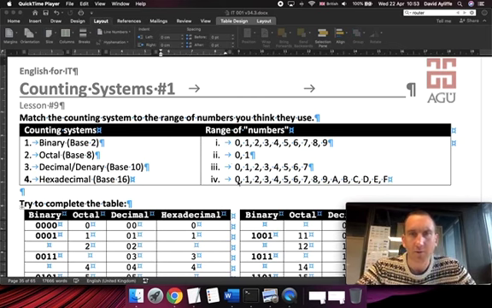And hexadecimal, 0 through F inclusive, so 16 distinct values. These are 4 important counting systems, and we're going to try to get better acquainted with them in this lesson and in the next lesson as well.